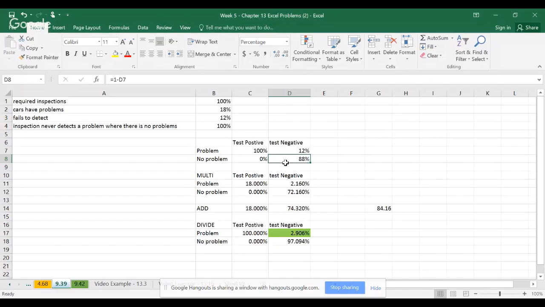Fails to detect problems 12% of the time. That should be. Not actually a problem. Test negative.